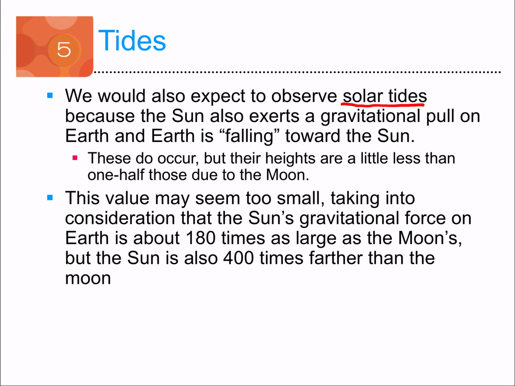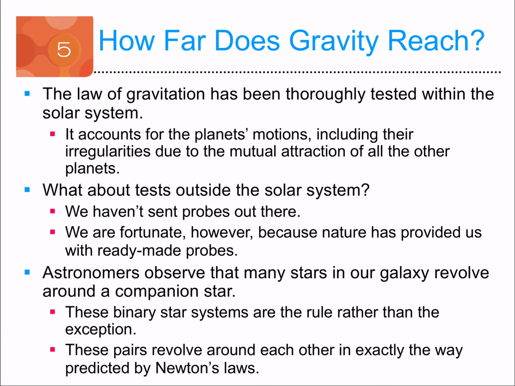One reason is that the sun's gravitational force on the earth is about 180 times as large as the moon's. But the sun is also 400 times farther than the moon. So you don't see that effect as being as pronounced as the lunar effects.